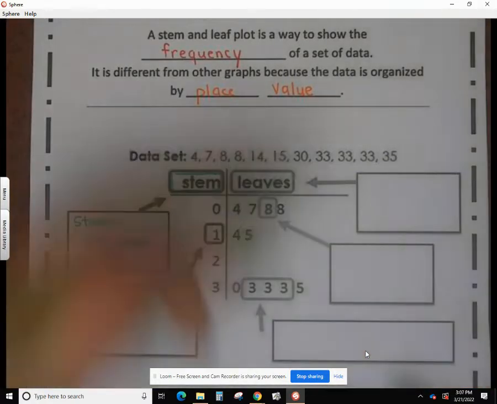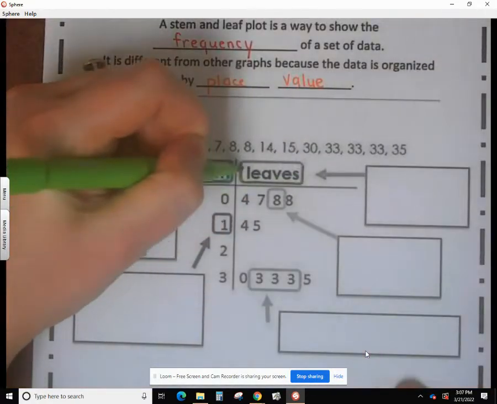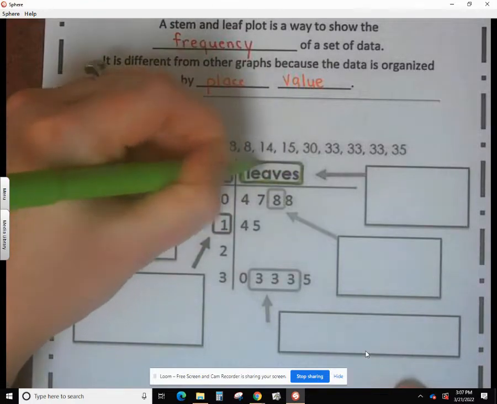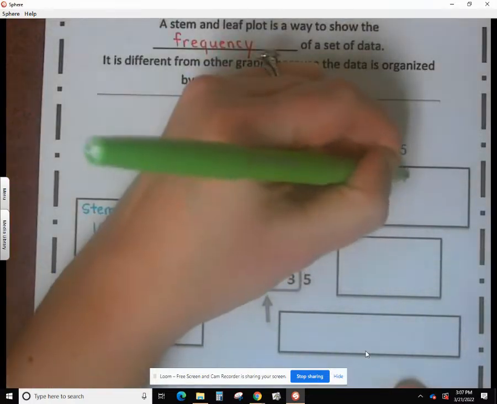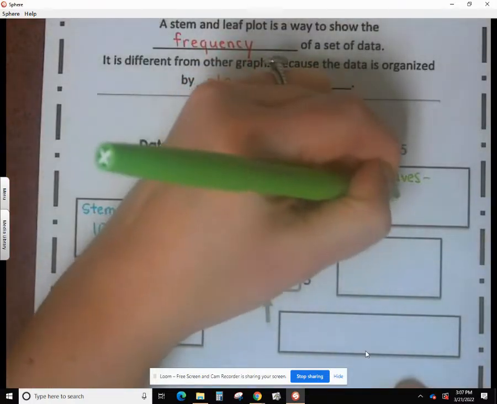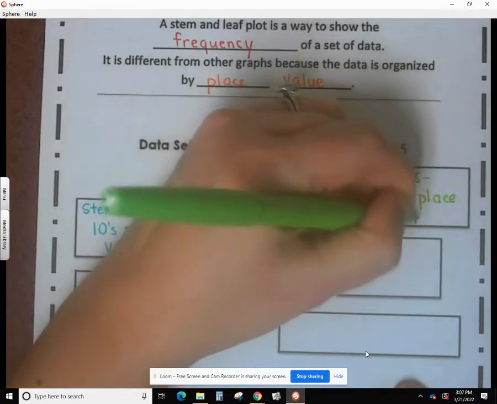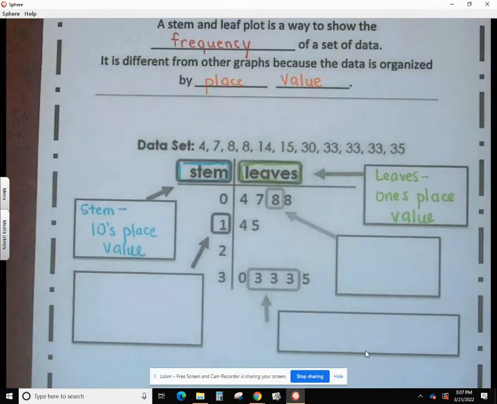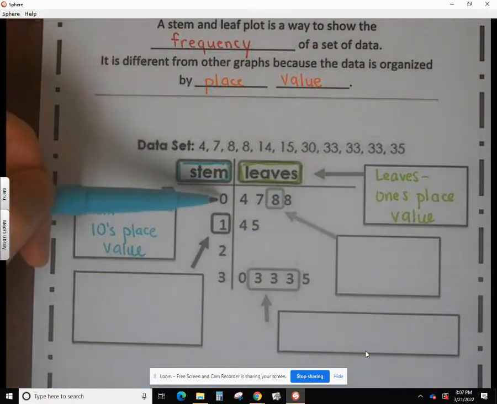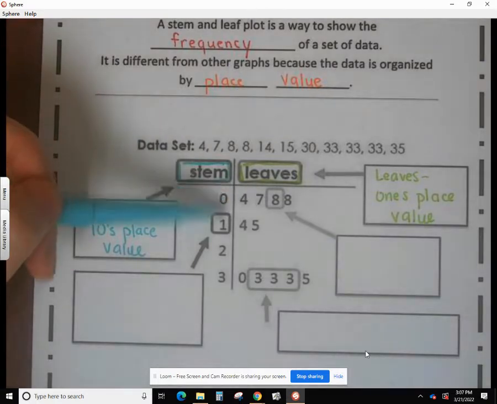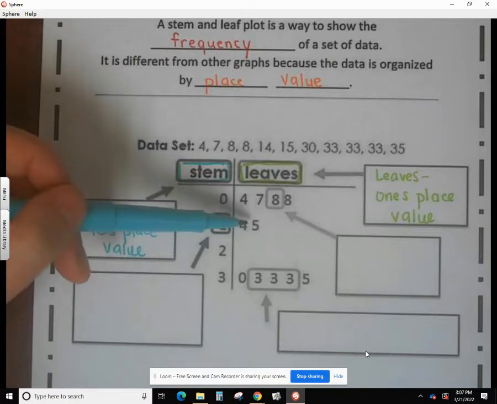The leaves are the ones place. So if the stem is 0 and the leaf is 4, that's just 4. If the stem is 1 and the leaf is 4, then that would represent 14.